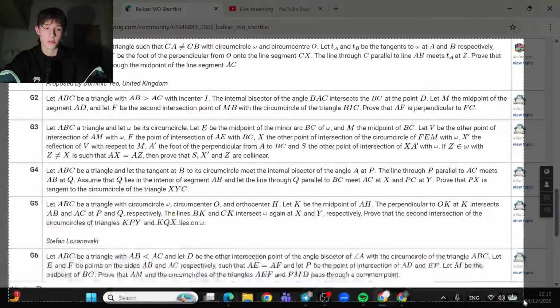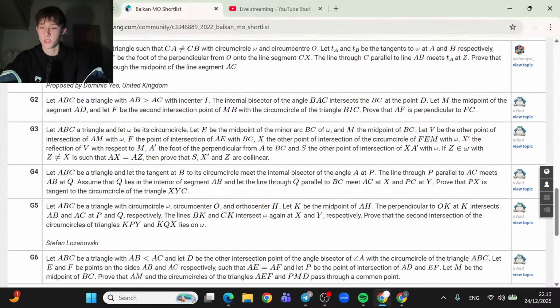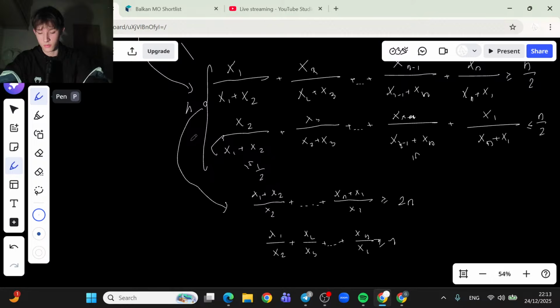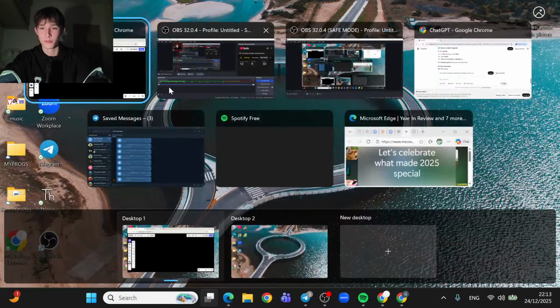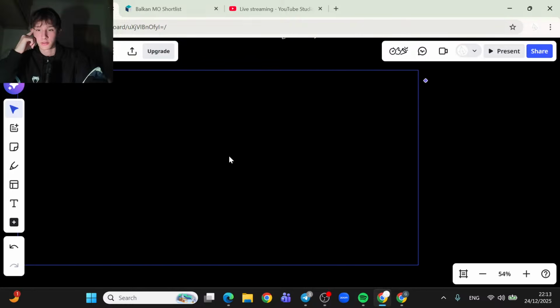Okay, I'll just paste the whole thing here. Yeah, and I won't be using GeoGebra because that's just gonna be too easy.